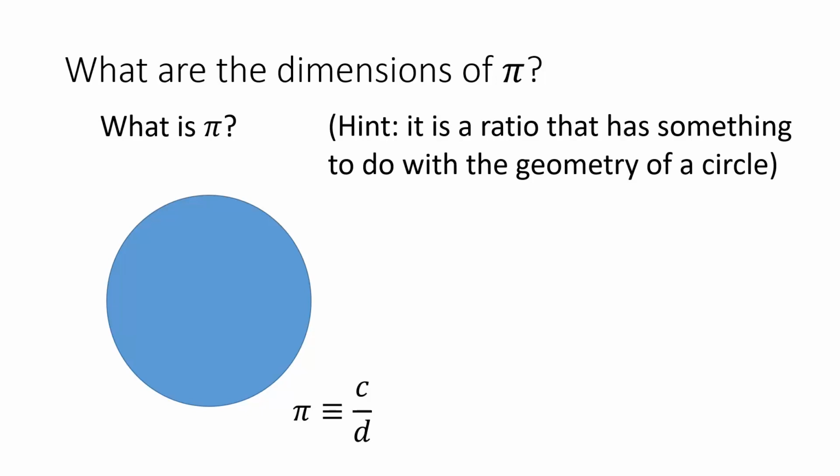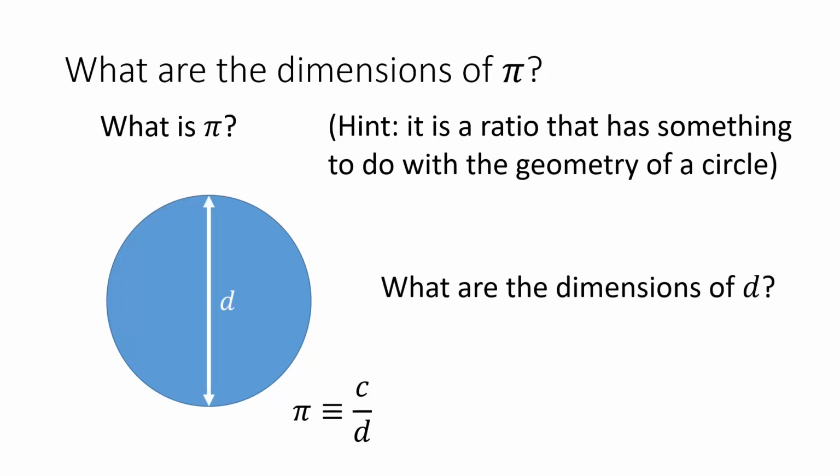So again, in order to come up with the dimensionality of pi, we have to know what the dimensionality of the circumference and the diameter are. Well, if we think about the diameter and we want to know the dimensions of that, the diameter is simply a distance, right? It's the distance through the center of the circle from one edge of the circle to the other.